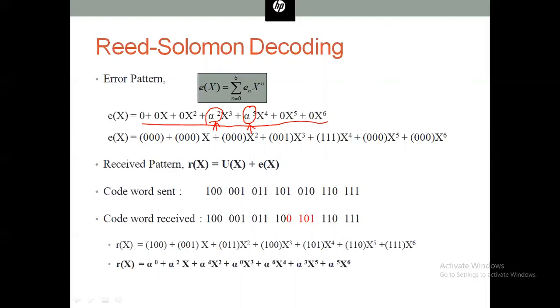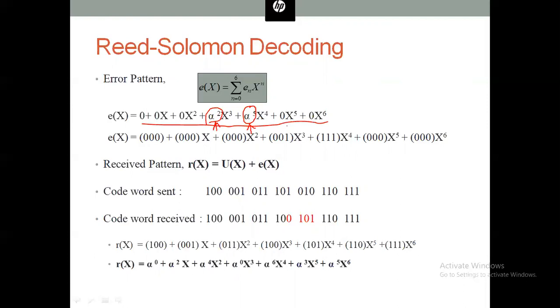This is unlike the linear codes, where we have the binary version and we can easily calculate the error patterns, and then we find the syndromes, and from these syndromes we have the lookup table to find the errors and find the correct code words.